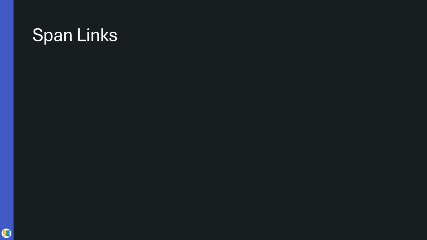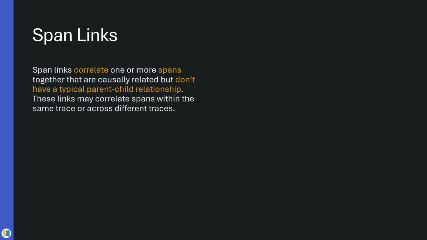Next, I'll talk about span links. Span links correlate one or more spans together that are causally related but don't have a typical parent-child relationship. These links may correlate spans within the same trace or across different traces.